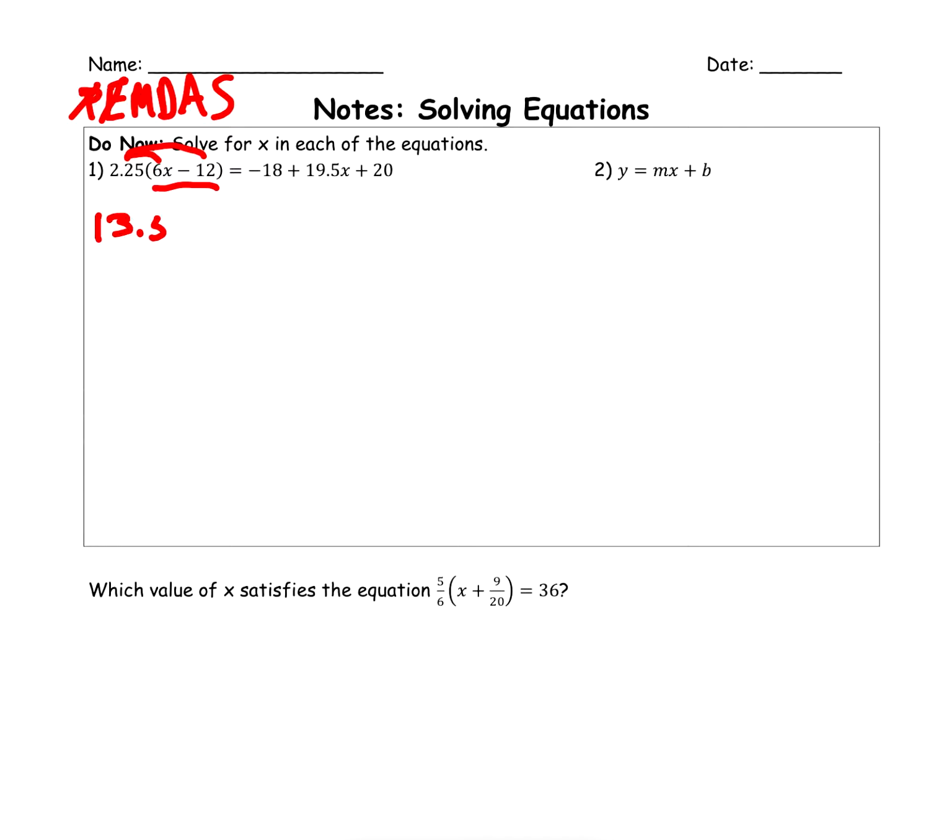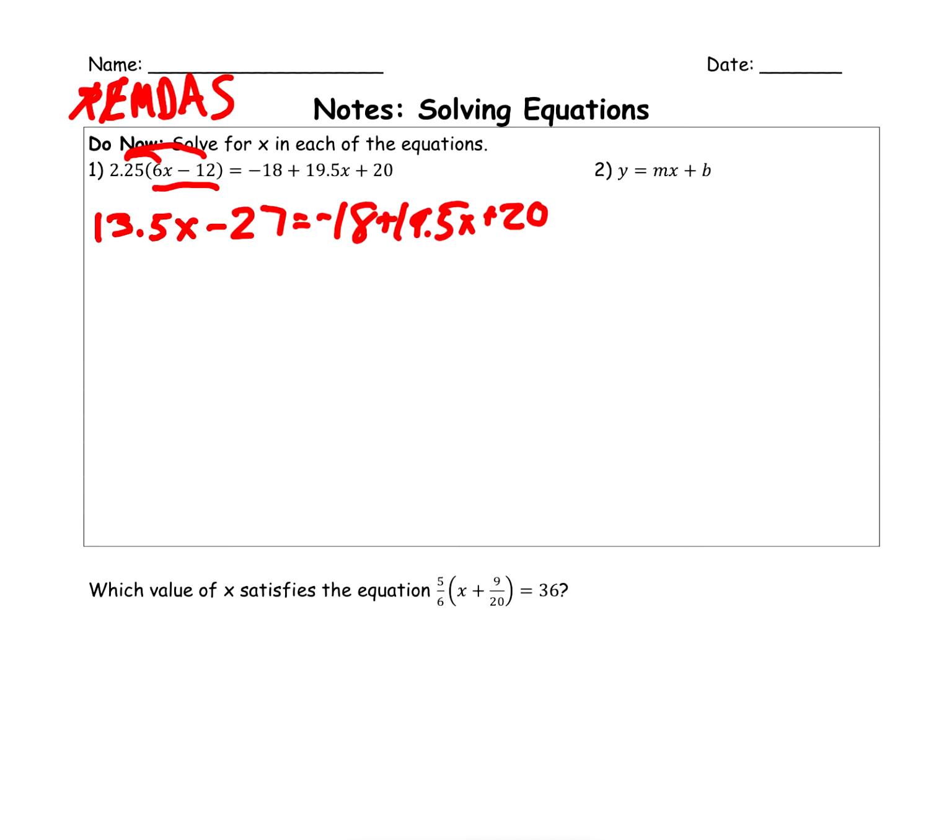You should get 13.5x minus 2.25 times 12. Once again, feel free to put that in your calculator. You should get 27, minus 27, equals negative 18 plus 19.5x plus 20. All right, so we just did multiplication.